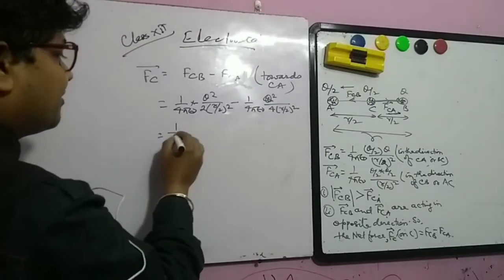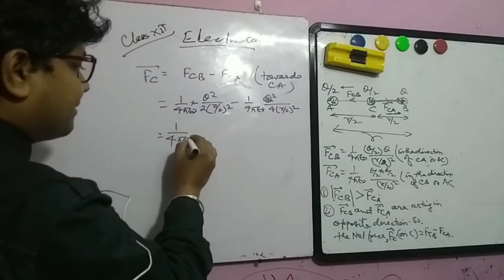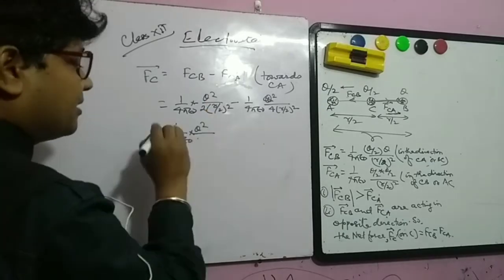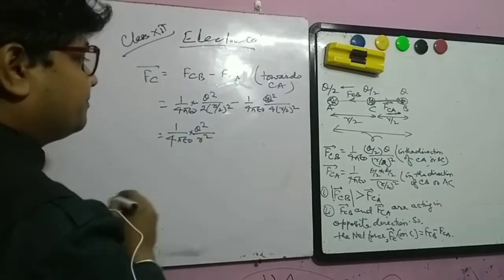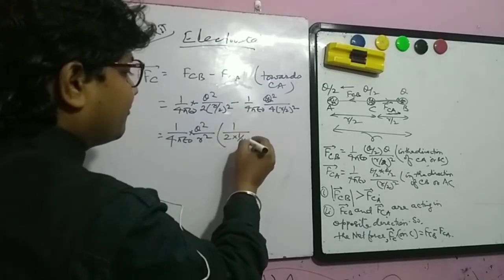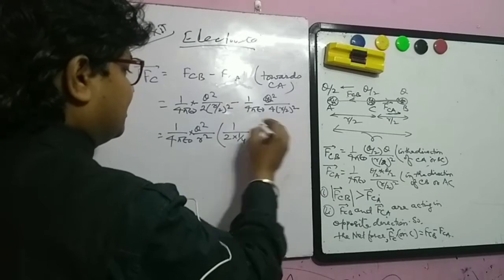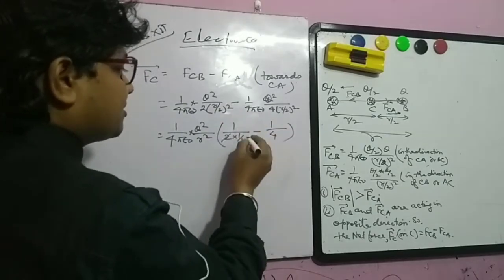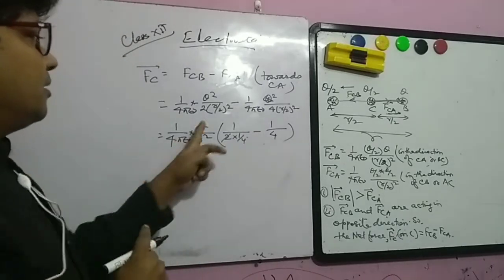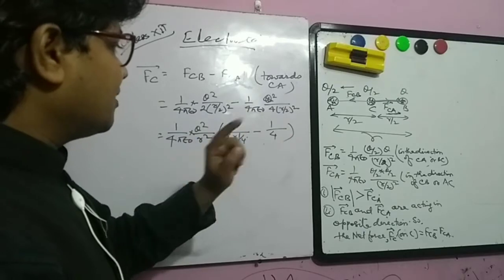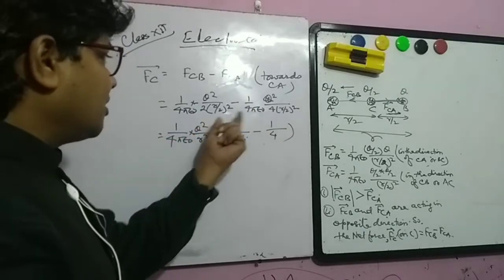So we can take 1 by 4 pi epsilon naught q square by r square common. In the bracket we can write 2 into 1 by 4 minus 1 by 4, where q square by 2 and q square by 4, and r square by 4.